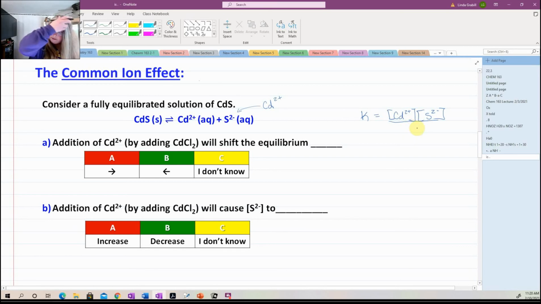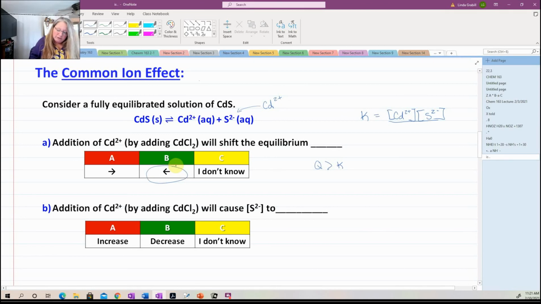So we just leave that be. And so if I add cadmium 2+ ions, then I'm going to have something greater than K. That means for this one, Q would be greater than K, which means I'm going to shift equilibrium to the left.